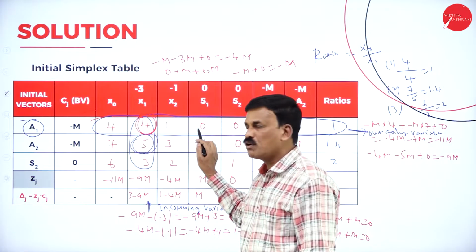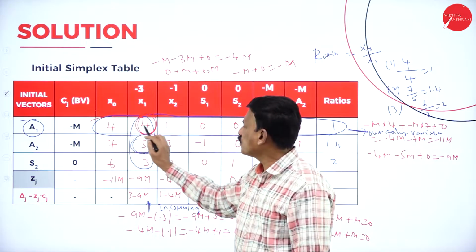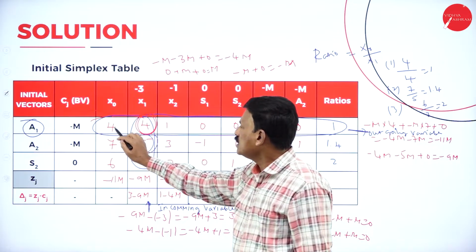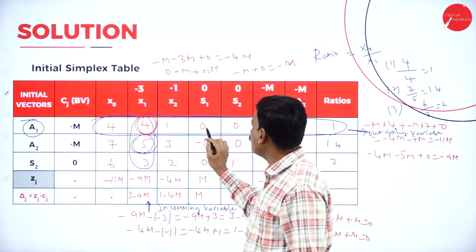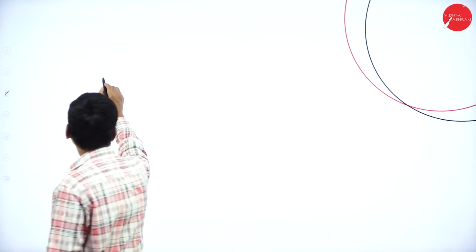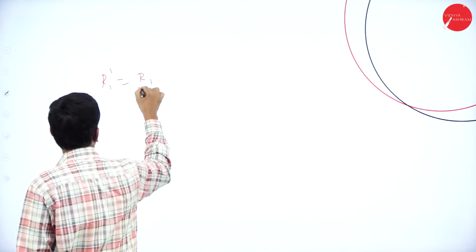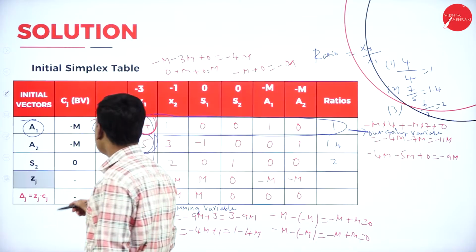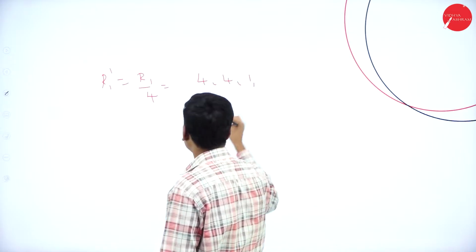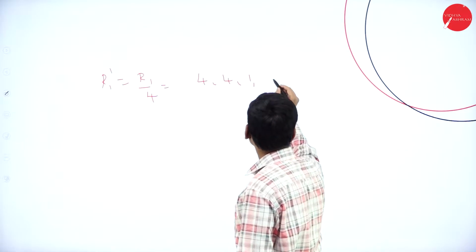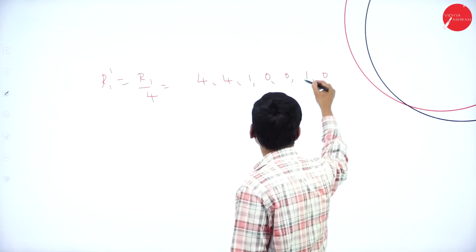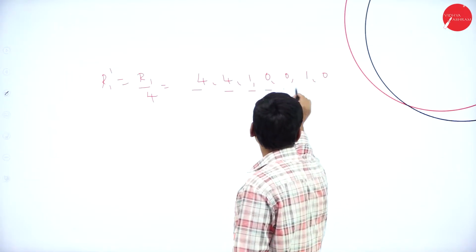Divide this entire row by 4, so that 4 by 4, 4 by 4, 1 by 4, 0, 0, 1 by 4 and 0. This becomes 1, 1, 1 by 4, 0, 0, 1 by 4 and 0. Now I'll write, so new row R1 dash is equal to R1 divided by 4. What is R1? R1 contains 4, 4, 4, 4, 1, 0, 0, 0, 0, again 1, 0, 1, 0. Divide the entire row by 4.